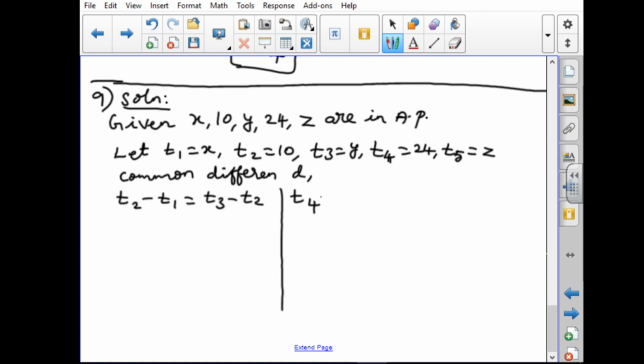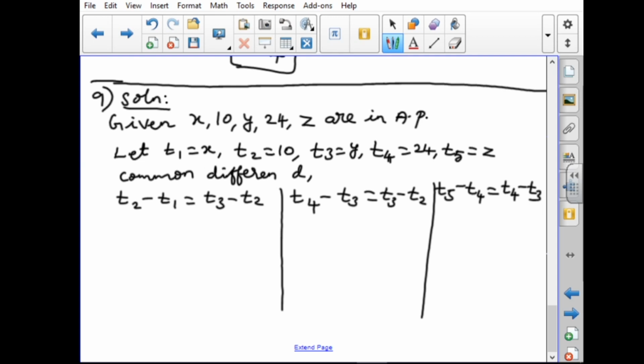T4 minus T3 equal to T3 minus T2. Next the third one, T5 minus T4 equal to T4 minus T3.